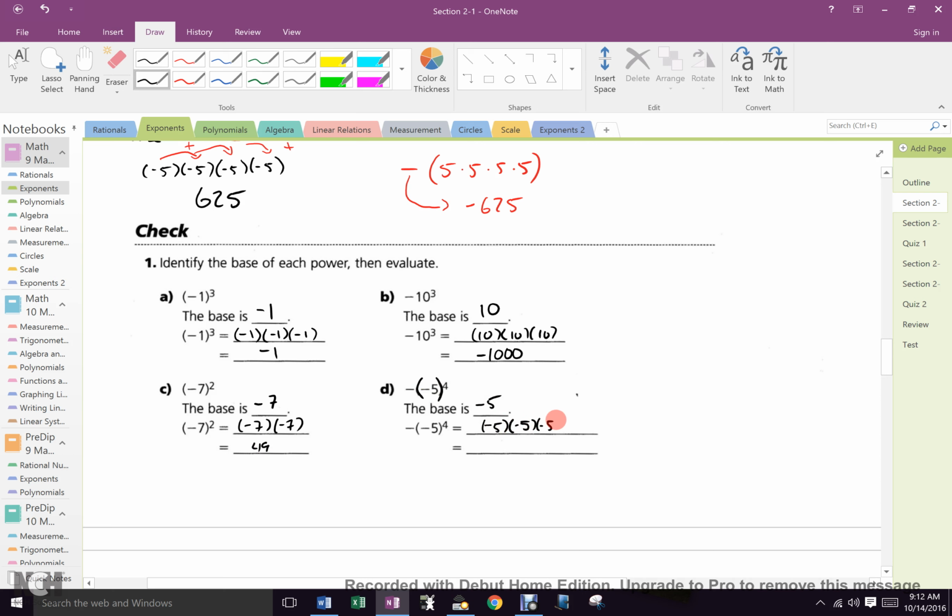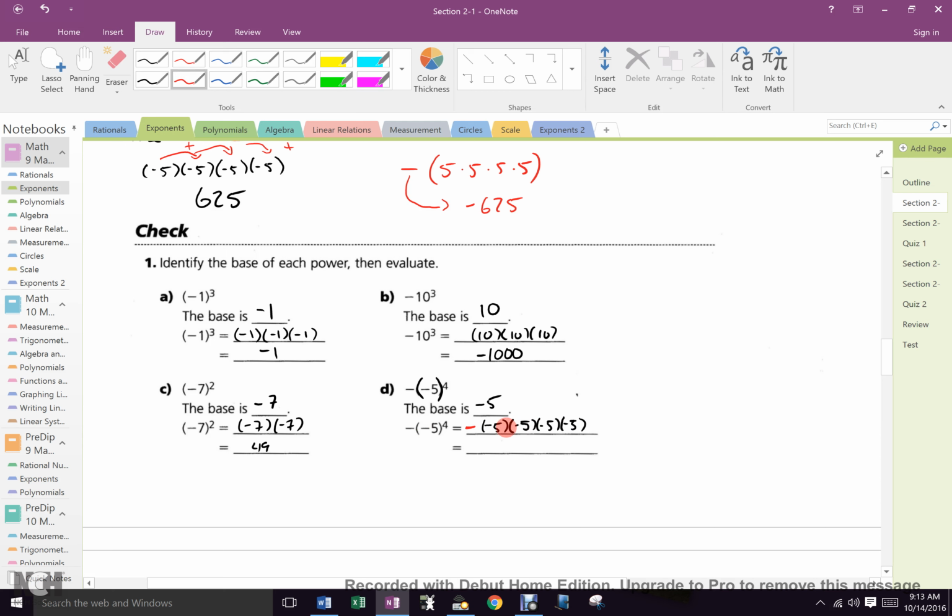4 times. Correct? But what have we forgotten, Harmeet? What's missing from that line? I've got my negative 5, 4 times, but what's missing? That negative out in front.